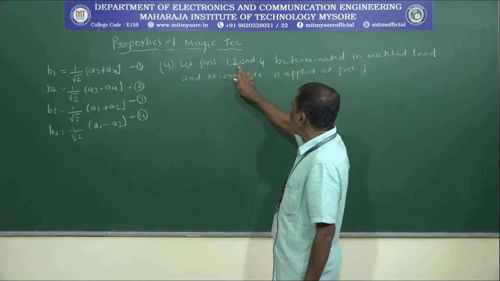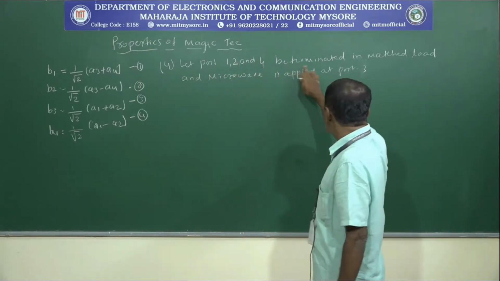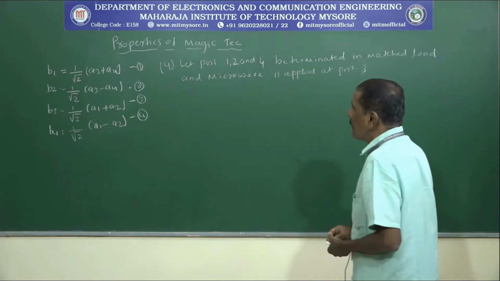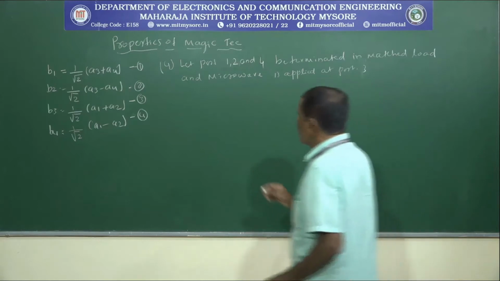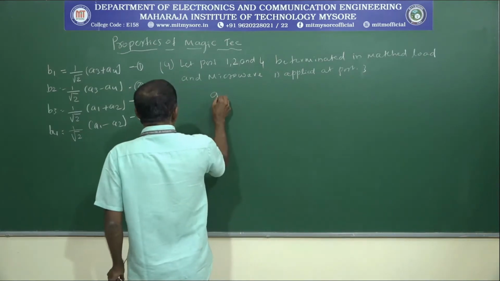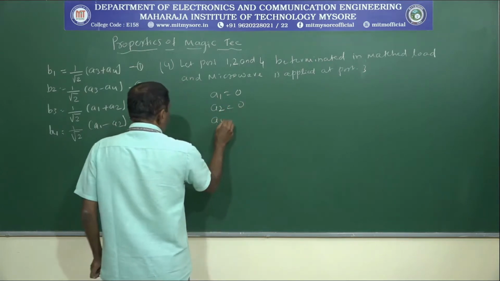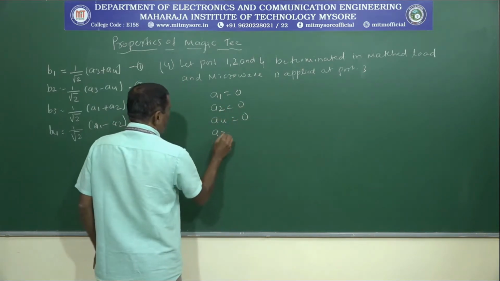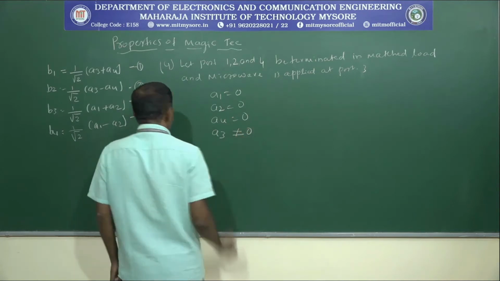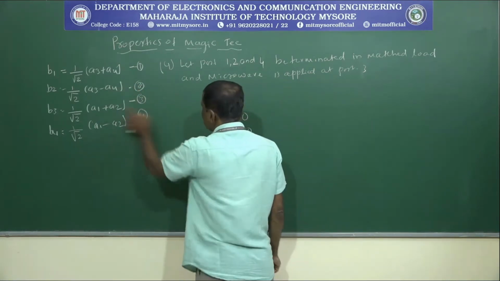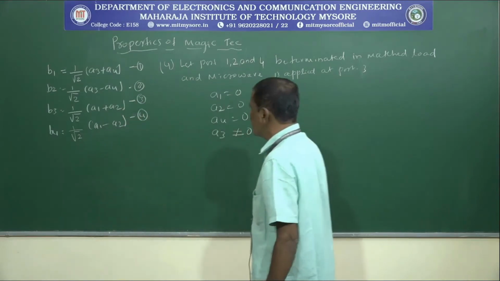Let port 1, port 2 and port 4 be terminated in a matched load and a microwave signal is applied at port number 3. With this condition, A1 is equal to 0, A2 is equal to 0 and A4 is equal to 0, whereas A3 is not equal to 0. Substitute A1, A2, A3 and A4 in these particular equations.